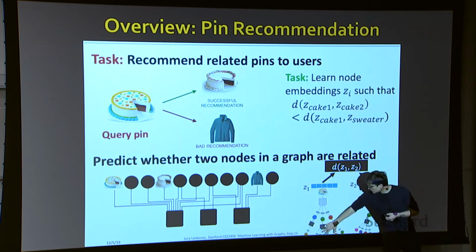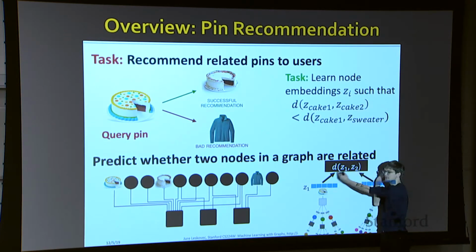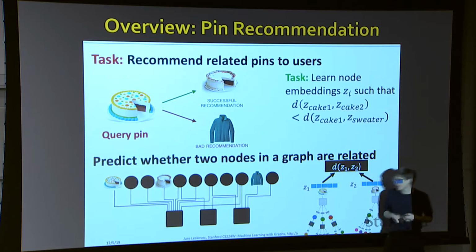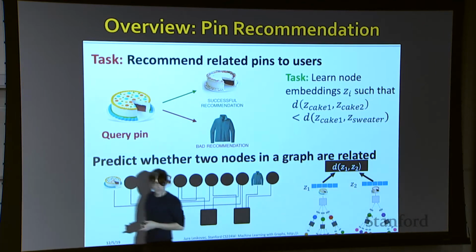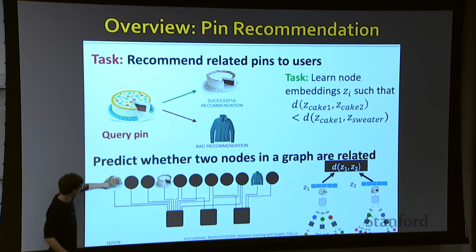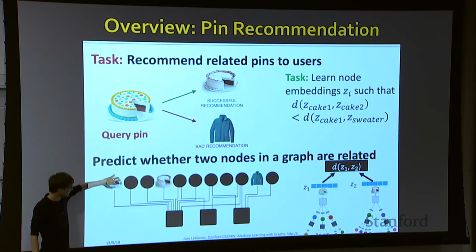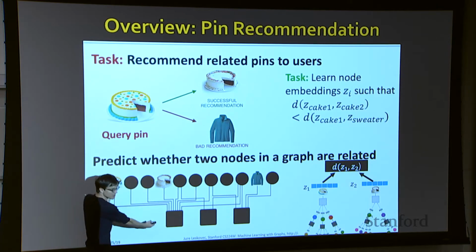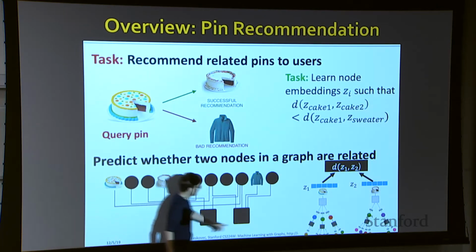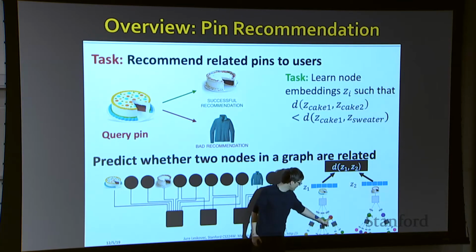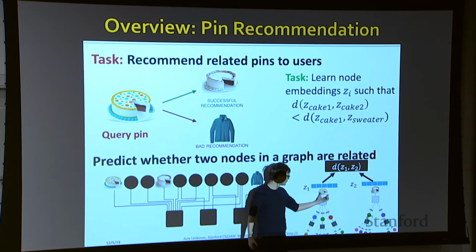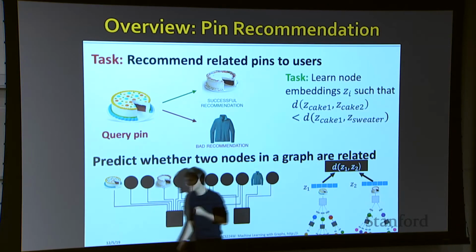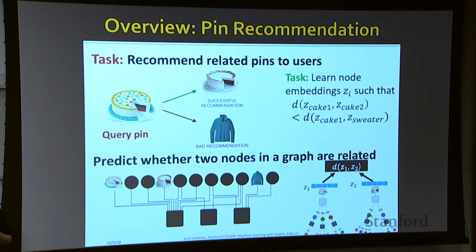And if this would be an embedding for the sweater, then I'd say the distance has to be large. Okay? That's the intuition. So rather than just computing the embedding directly from the node itself, we will also embed it based on the structure of this network, so that nearby pins in the graph will also provide information to the embedding of the pin. So that's essentially what will be happening, right?